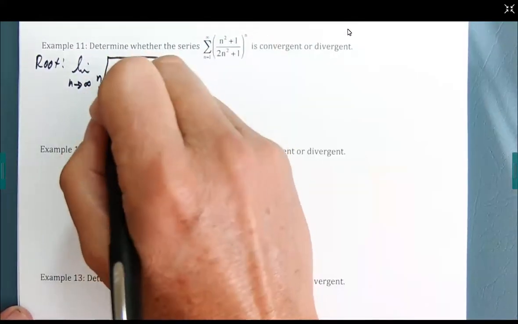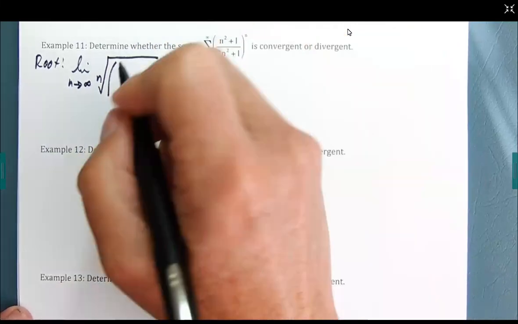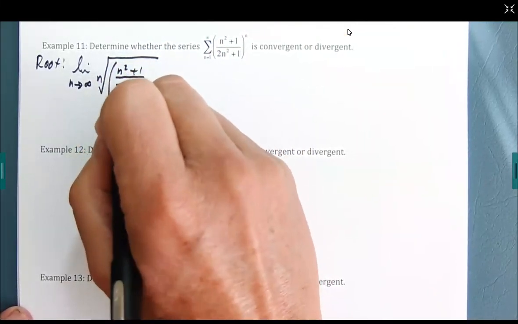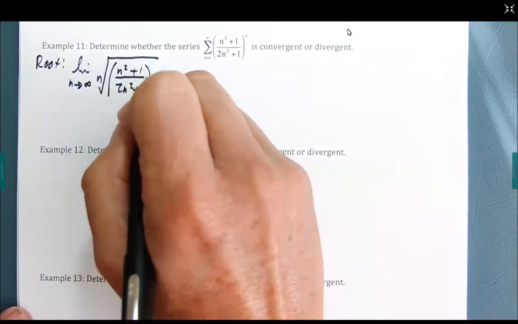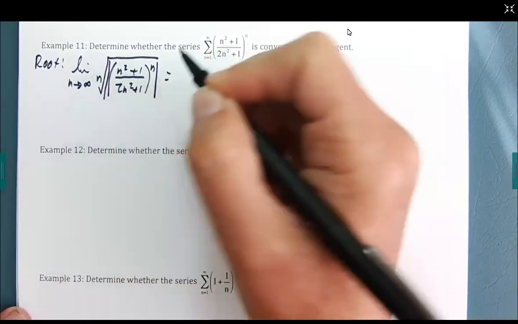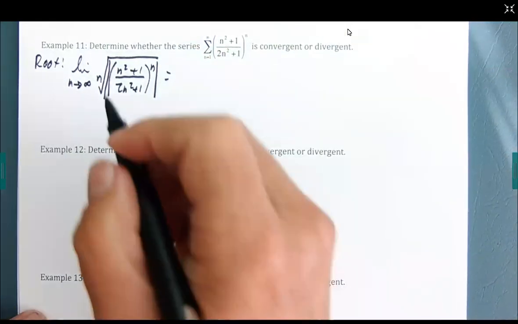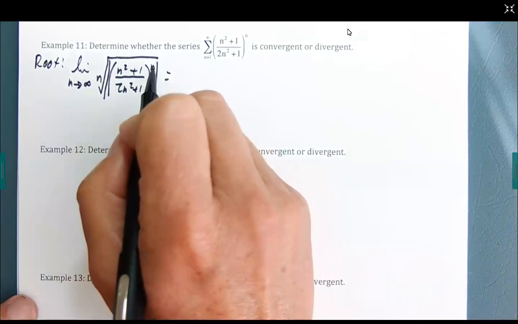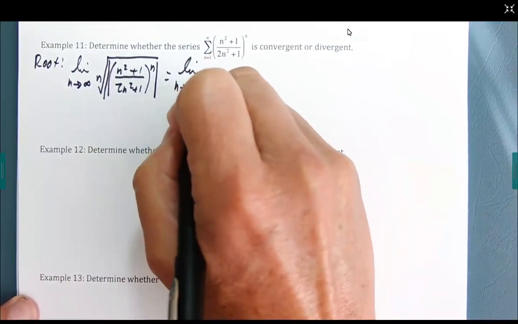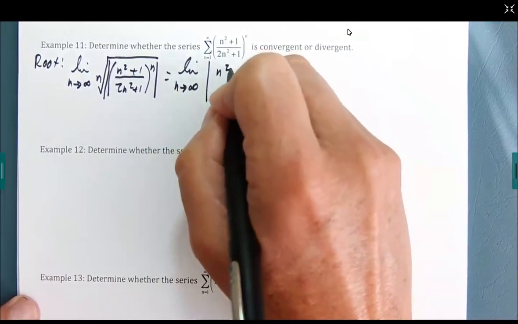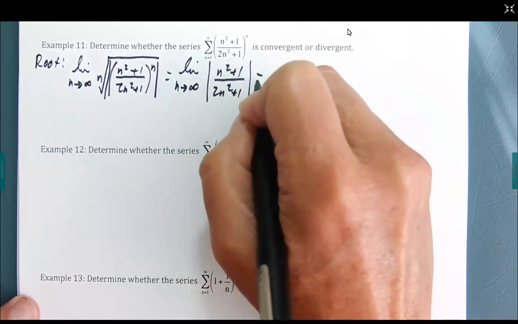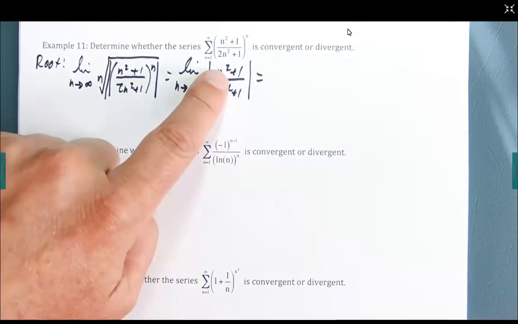Again, nth root of, and of course this is supposed to be absolute value, which in this particular case becomes irrelevant. The nth root and the nth power cancel out completely. And the degrees are the same, second degree.